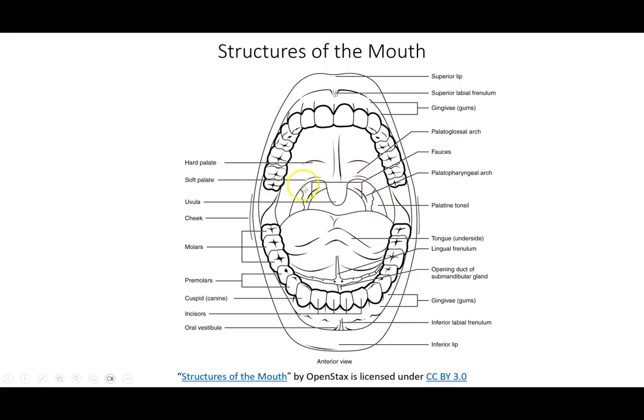So that's going to be the structure, that fold in front of the palatine tonsils. And then the palatopharyngeal arch is the one that would be behind the palatine tonsils. And each person's going to have these being more or less visible depending on your specific anatomy and stuff like that. So they may not be super, super obvious like they are in this image.